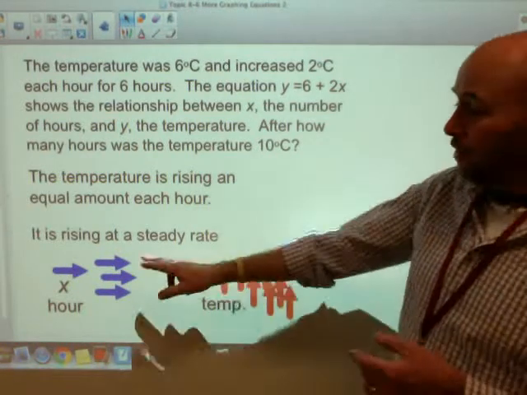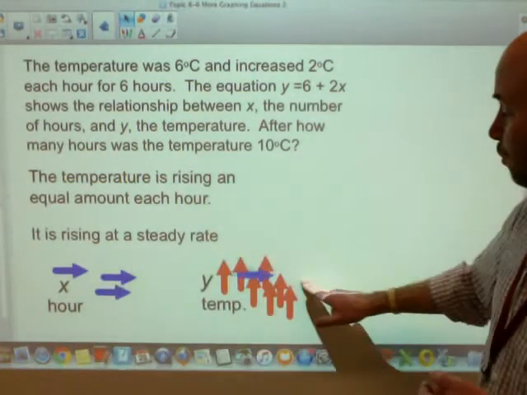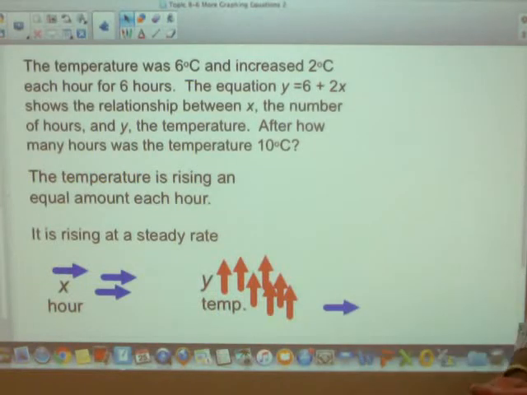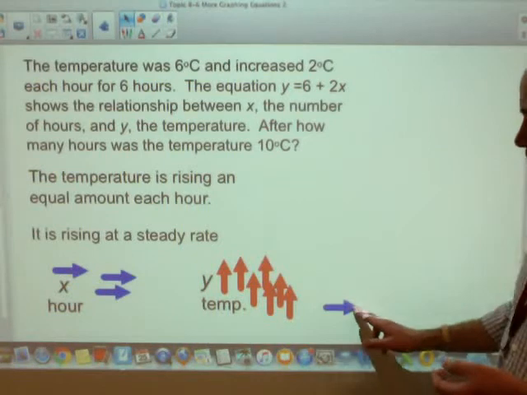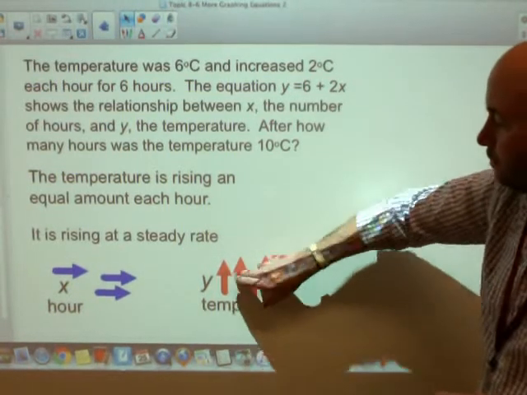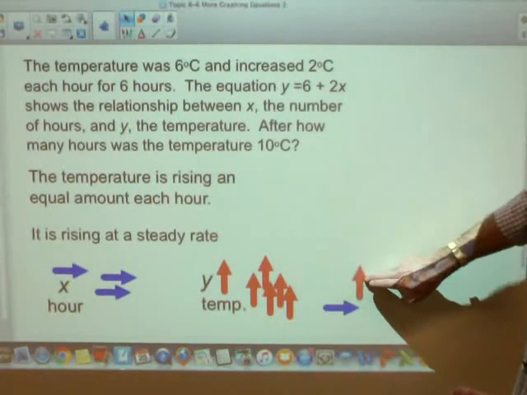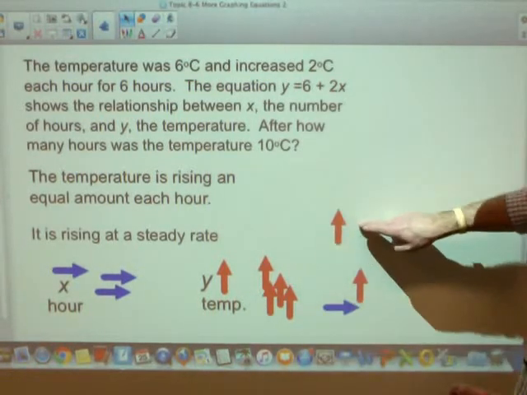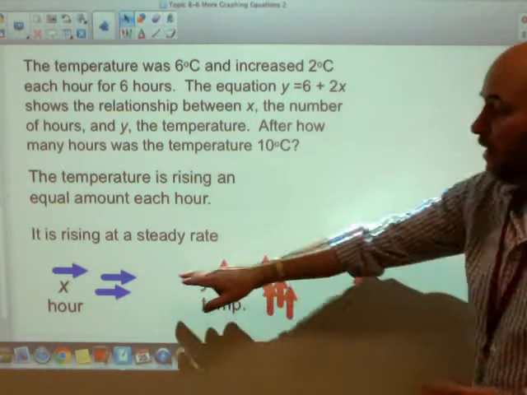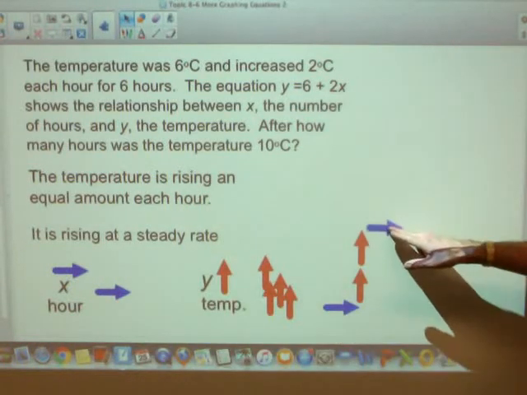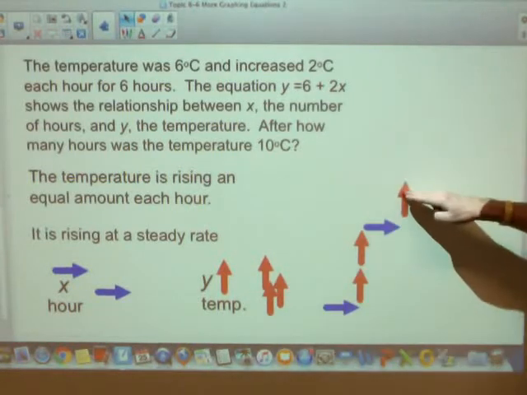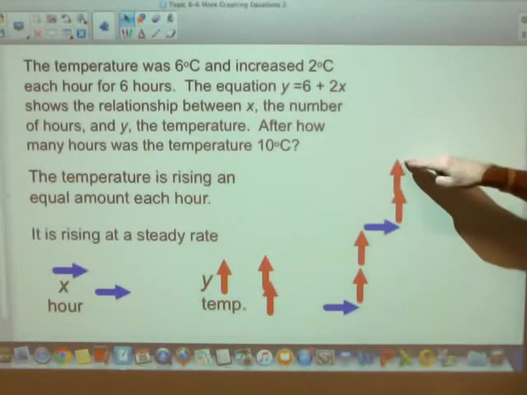So if we were to think of it like this, if this were 1 hour, okay, 1 hour passes, then the temperature is going to go up 2 degrees. So you have something going up twice. Then another hour goes by, and the temperature is going to go up another 2 degrees.